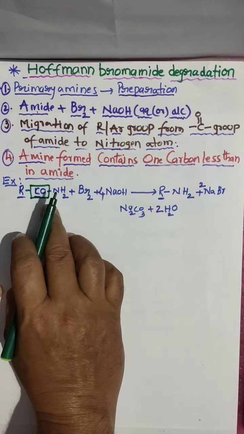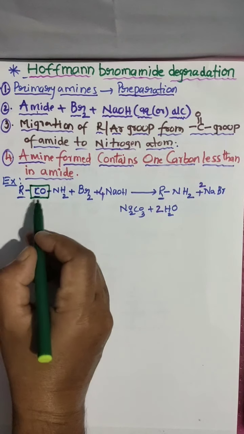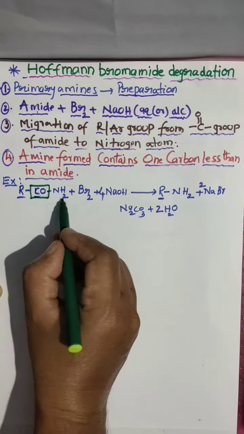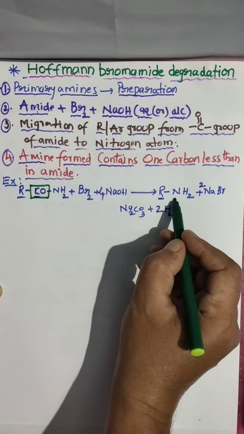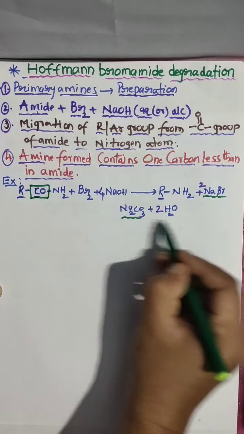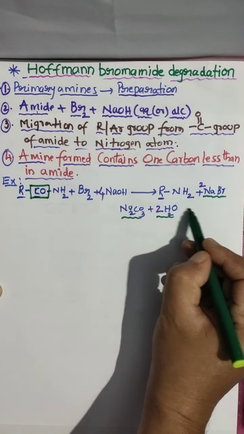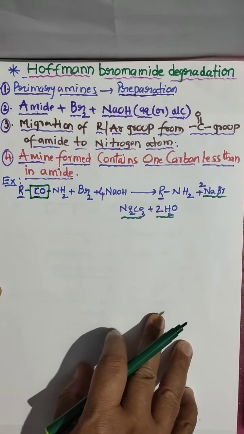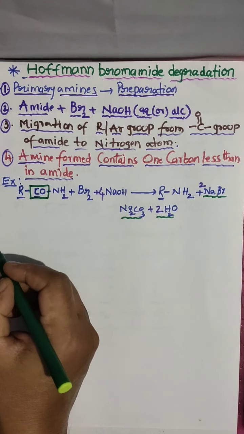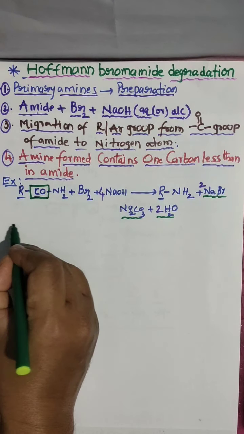In amide the CO group is there; you remove that and attach this NH2. But the byproducts NaBr, sodium carbonate and water are the problem. I will explain in the mechanism how these are formed.